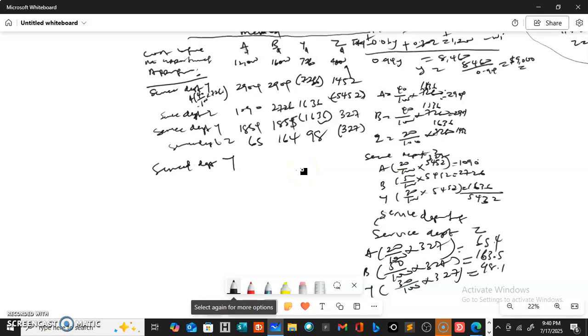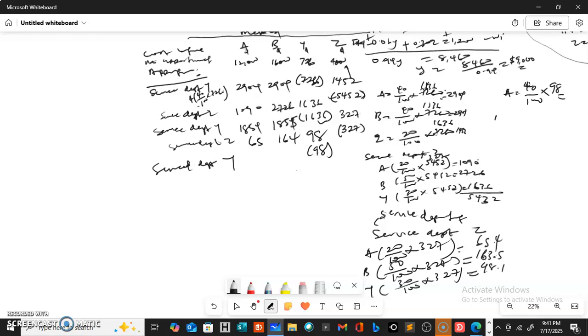So we want to apportion 98 now. Based on what we have in the question, A is going to receive 40%, 40 over 100 multiplied by 98.